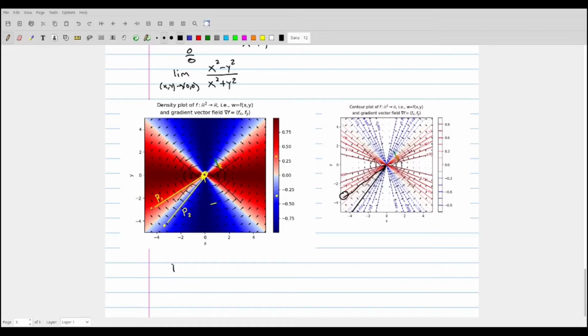If you fix z equals c for different values of c, you get that the contour curves are going to be curves of the form x squared minus y squared over x squared plus y squared is equal to c. And we can rewrite this as x squared minus y squared is equal to x squared plus y squared times c.